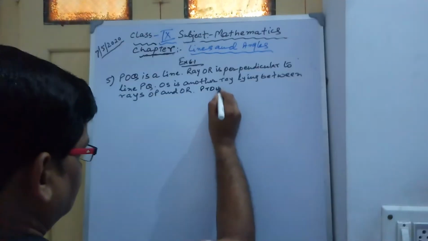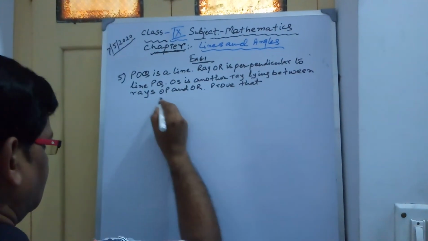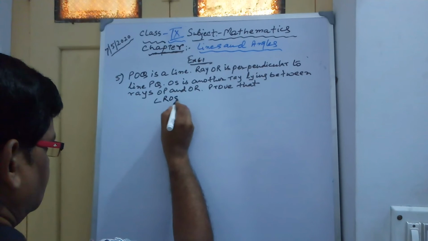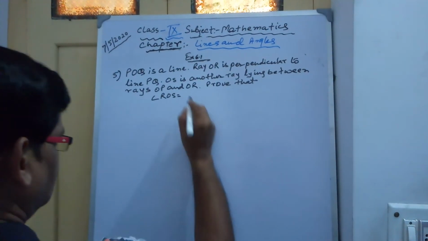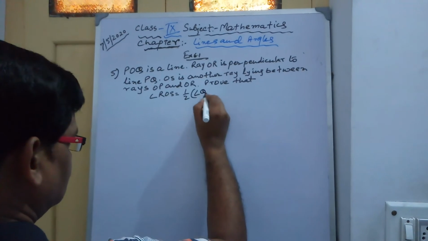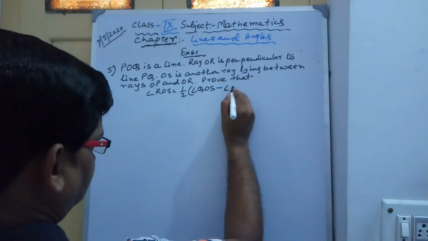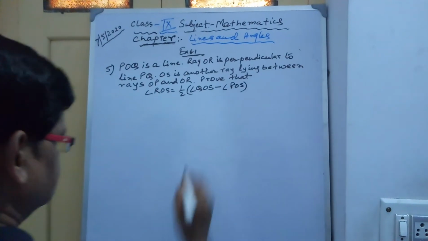Prove that angle ROS equal to 1 by 2 of angle QOS minus angle POS.